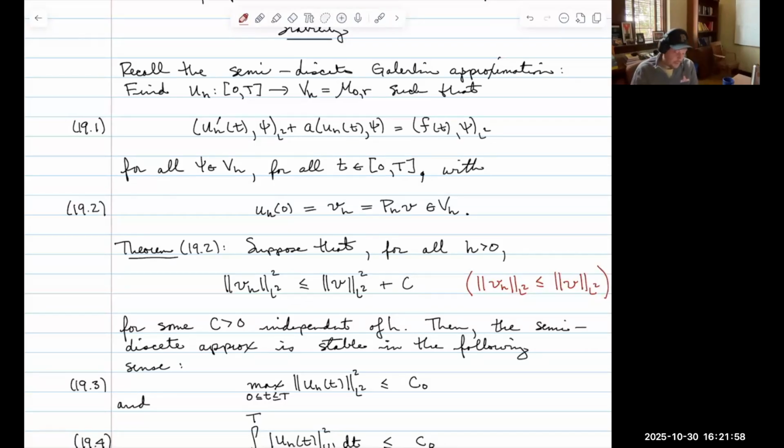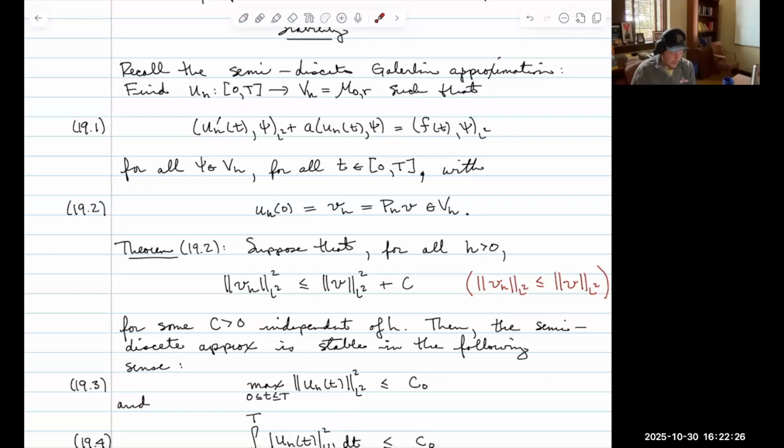But this is what we call a stability statement, okay? What we're saying is that our projection in the L2 norm is not bigger than a constant plus the norm squared of the original function. This statement is a more common and more powerful stability statement.